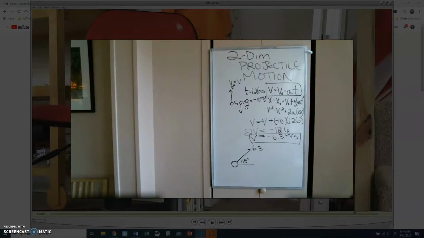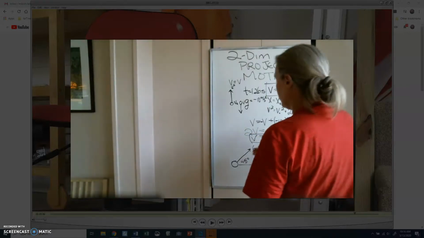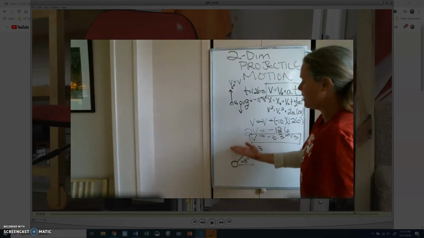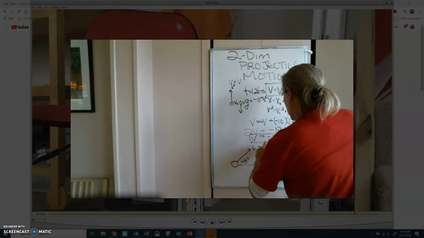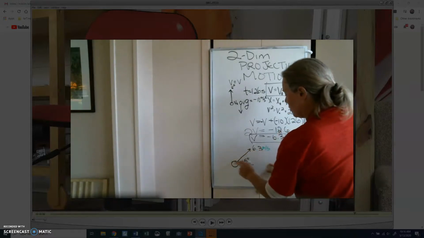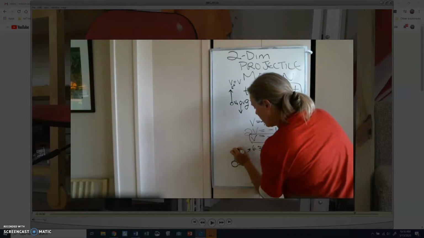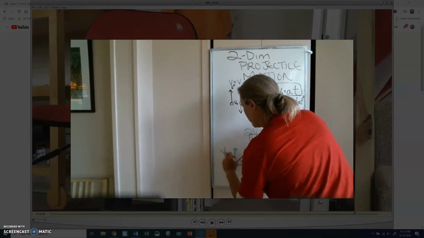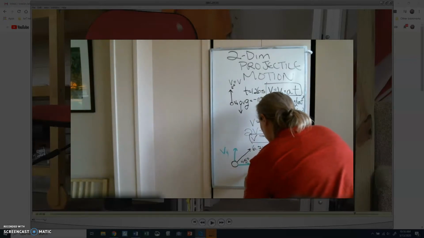What do I have to do? I'm going to do this calculation at a different time. What I need to do is find the influence of this velocity. This velocity has a magnitude and a direction. So there's a certain amount of vertical velocity and a certain amount of horizontal velocity.